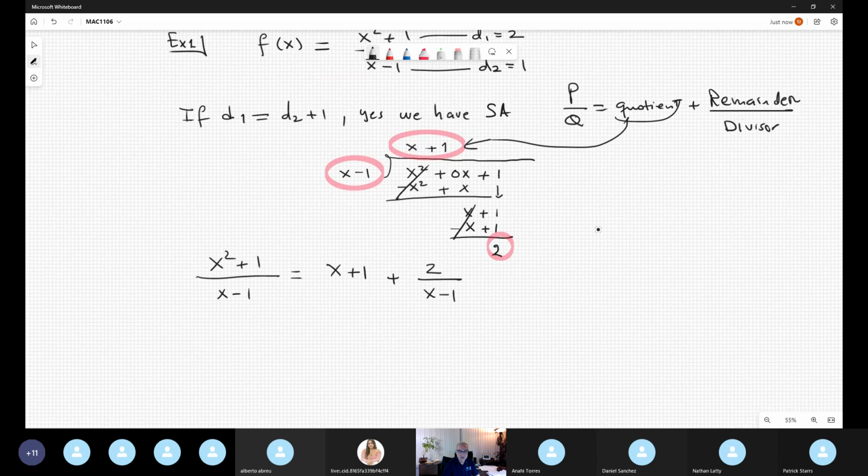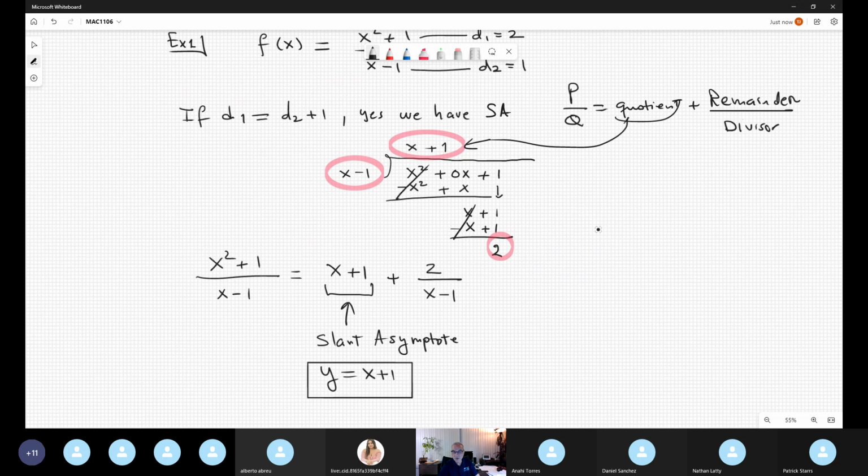So this is an important moment. I can recognize that this part is the slant asymptote. Why? Because it's linear. Our slant asymptote is y equals x plus 1. Bang! Suppose I need to do the graph. It's tricky now, but to get the rough idea, on the xy axes I put a line.